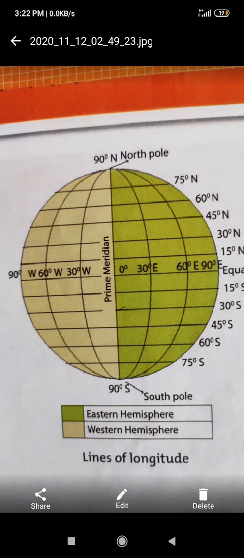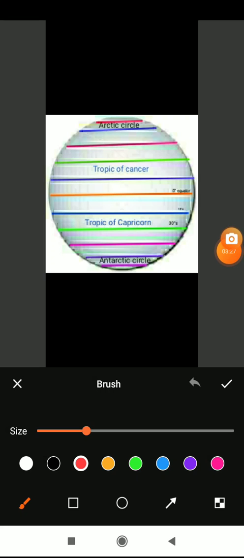Now what you have to do: in the previous model you have drawn like this, now you have to draw like this.